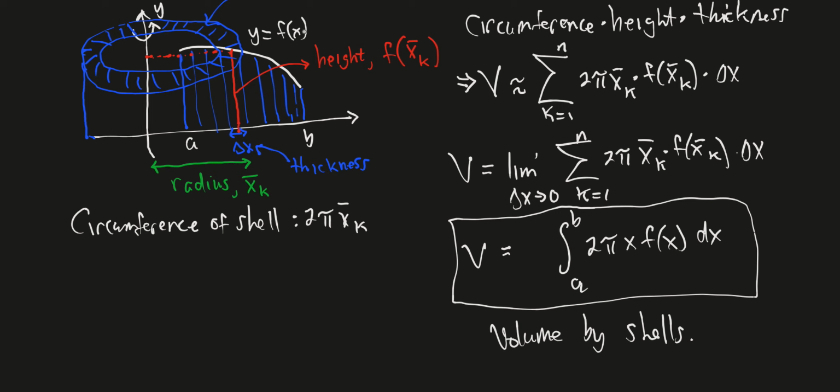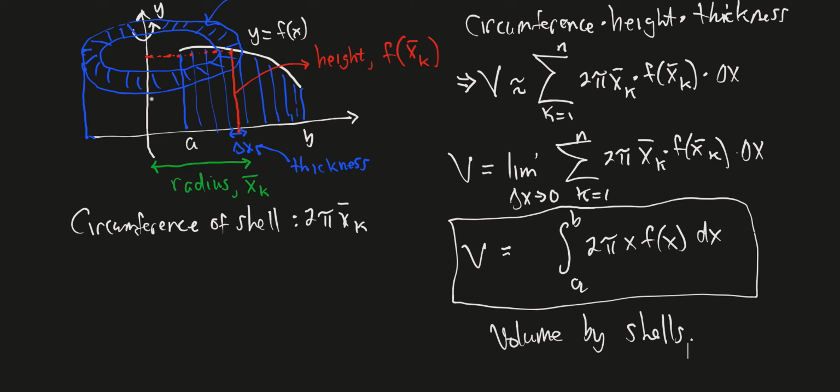And again, just to recap, the thing that's different about this is even though my function is in terms of x and the limits are on the x-axis, the shell formula now gives me the volume of the solid formed if I revolve around the y. So previously, using the disk method and the washer method, if we had to revolve around the y, we had to convert the equation to the form x equals a function of y, and we had to find the limits on the y-axis.